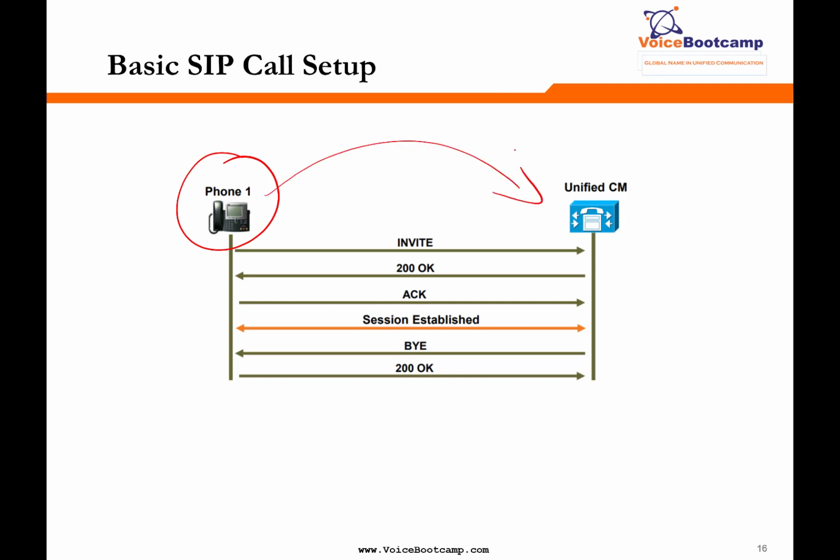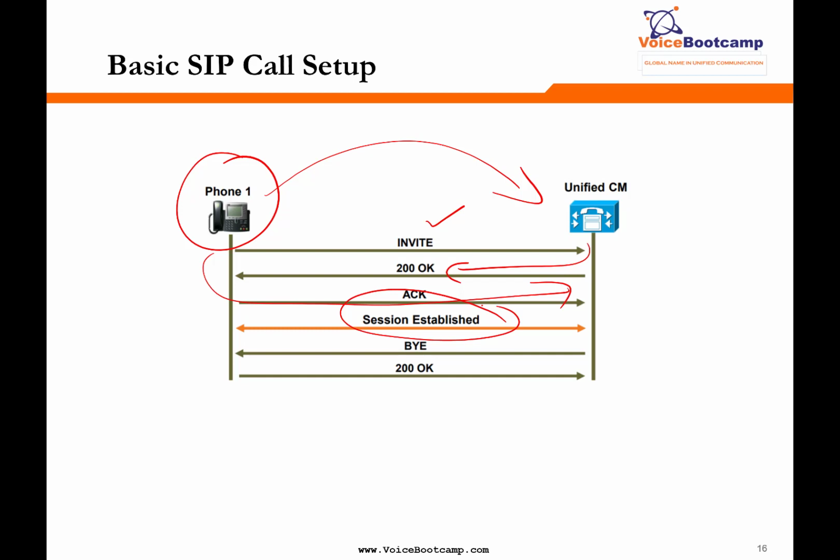A basic SIP call: a phone will initiate, you will dial a number and the call will go to call manager. In this case, the phone will initiate an invite message first. Once an invite message is initiated, the call manager will respond back with 200 OK should everything go fine. And of course, the phone will then acknowledge that information back to call manager, at which point the RTP will be established as a session established.